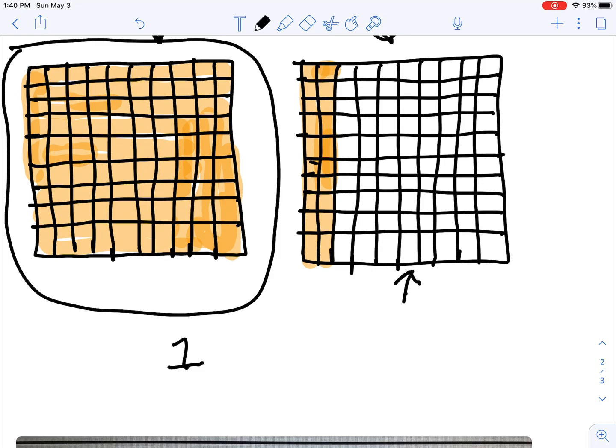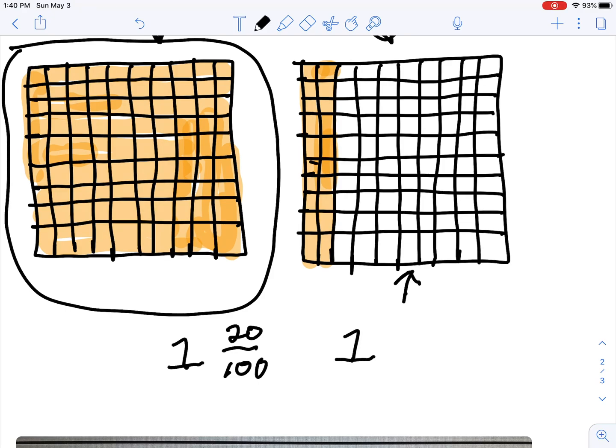So there's my whole number. Then you look over here at this part of the area model, and again, you know there's 100 total squares. Then you'd count the number of squares shaded in, which would be 20. And so your answer would be 1 and 20 hundredths.